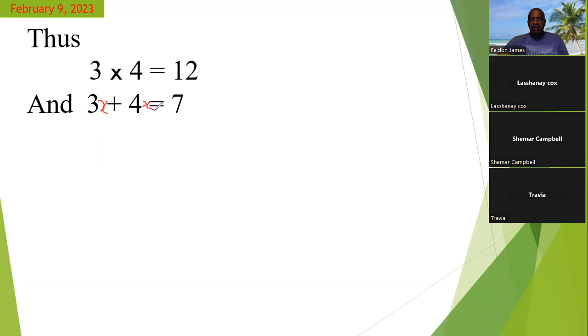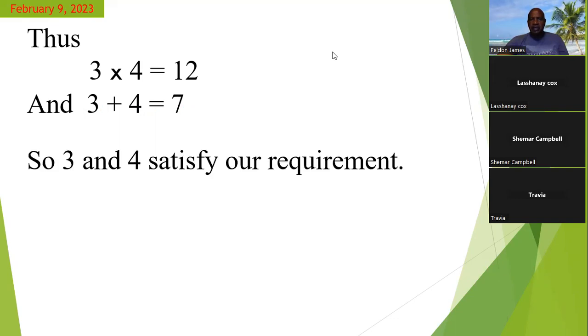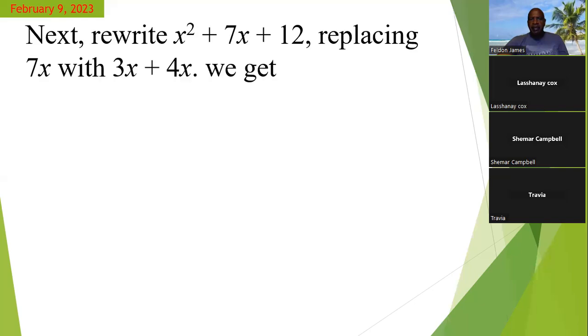Because when you put x beside them, you see that 3x plus 4x gives you 7x. So we take out that 7x from the original expression. Then we replace that 7x with 3x plus 4x. Now we have a 4-term expression.